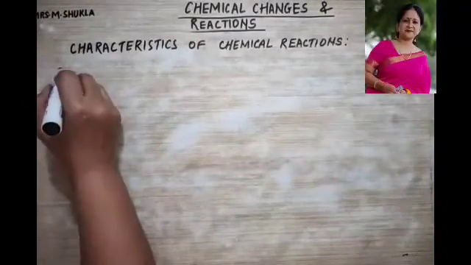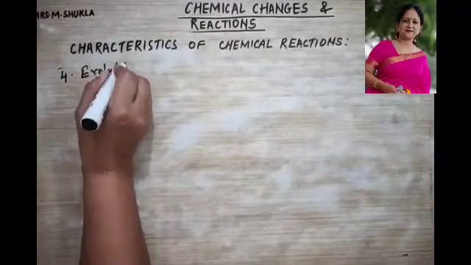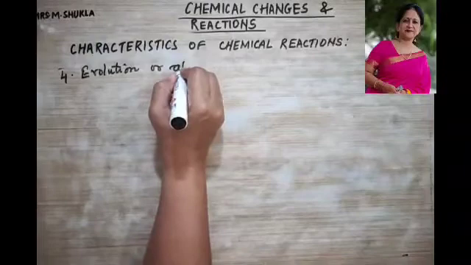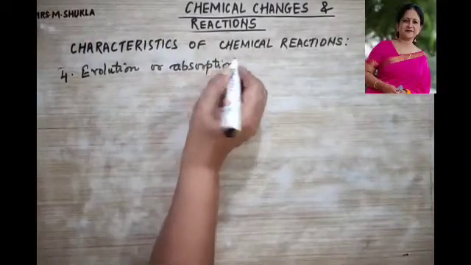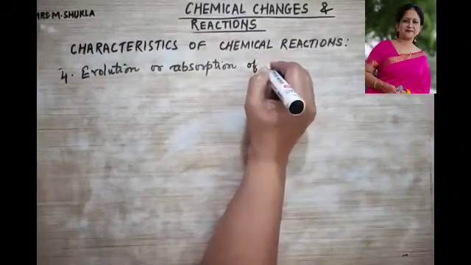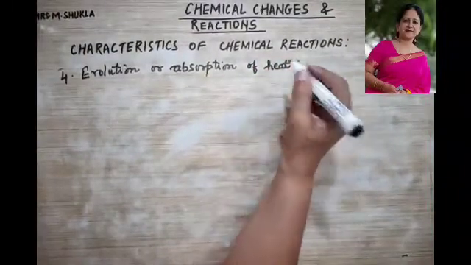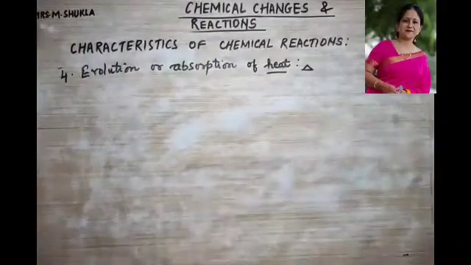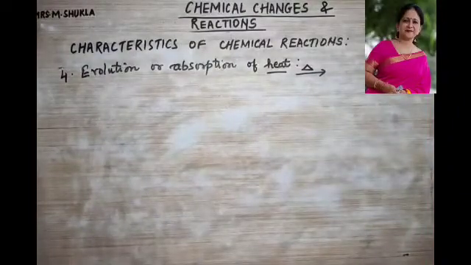That is the fourth one, evolution or absorption of heat. Now, firstly understand how we show heat. Heat is shown with a triangle which is placed above the arrow. This is how we denote heat.